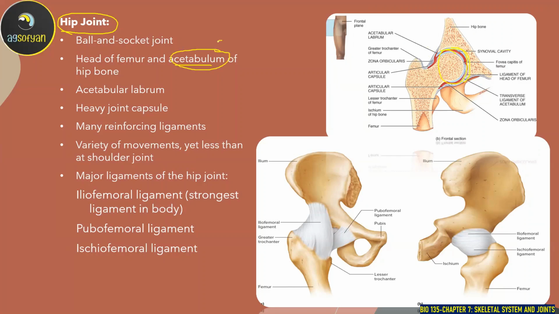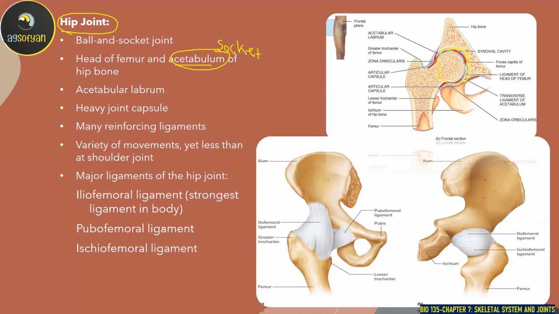So the acetabulum is actually the socket of this joint. Okay. And there are also three types of ligaments that strengthen the hip joint.